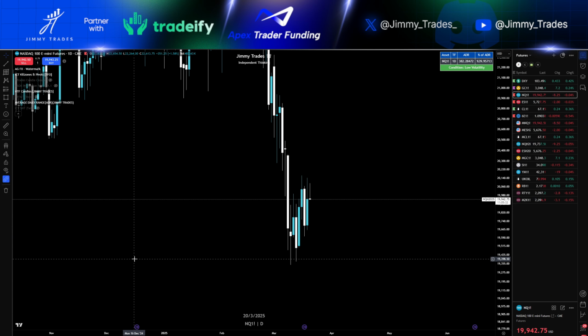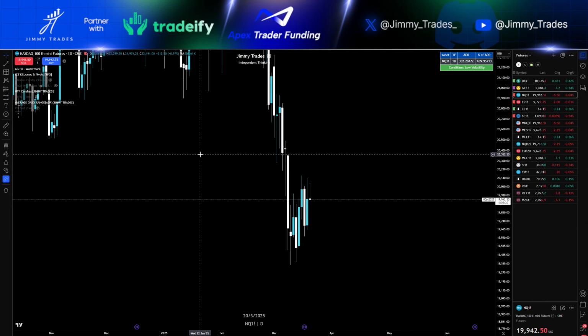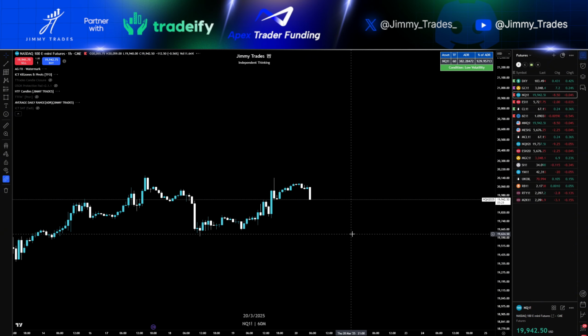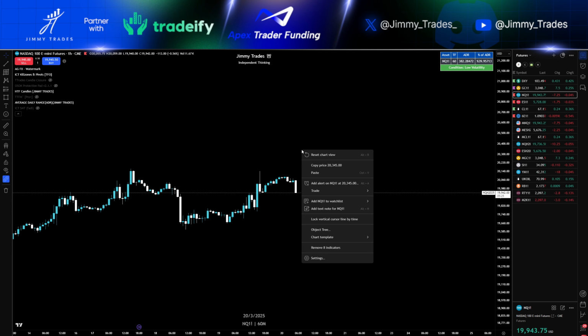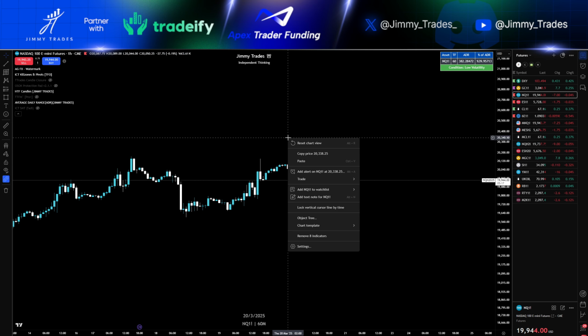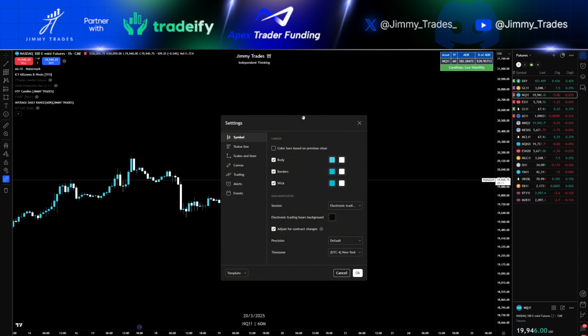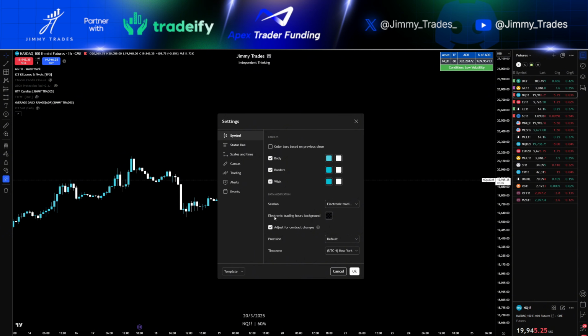The other thing I want to have a look at is we'll do that right now. We're going to drop down to the hourly time frame just for this one. What I want to point out is a lot of you would have been experiencing blue lines appearing on your chart for no reason. They've just randomly appeared. Happened to me yesterday. So what you want to do if those lines appear, it's actually the electronic trading hours background.